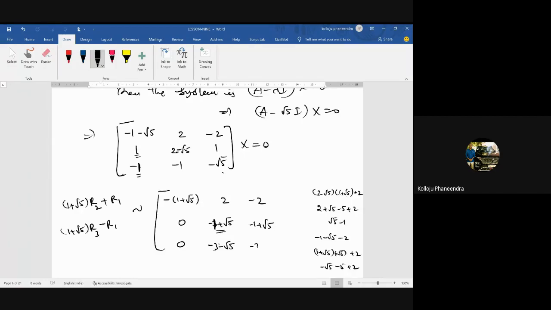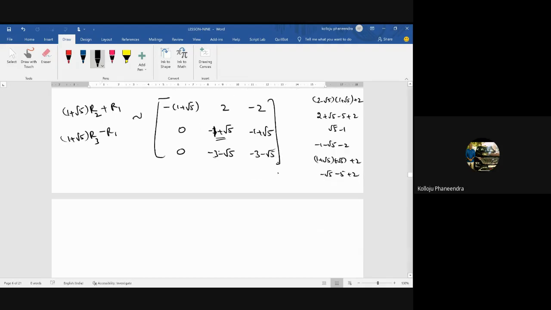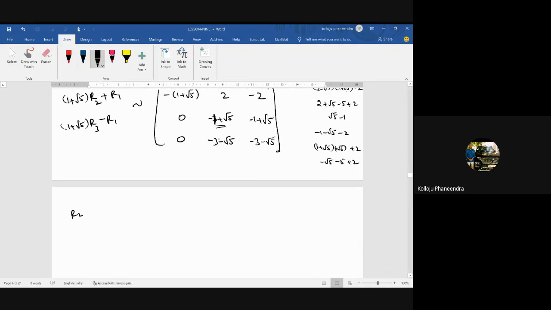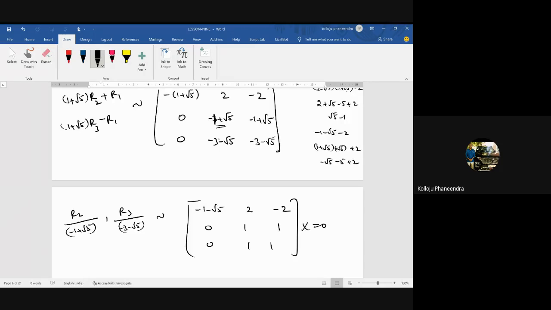So this is minus 3 minus root 5, I'm getting. Next step is directly R2 divided by minus 1 plus root 5, R3 divided by minus 3 minus root 5. Then the matrix reduces to minus 1 minus root 5, 2, minus 2; 0, 1, 1; 0, 1, 1 into x equal to 0. Done.